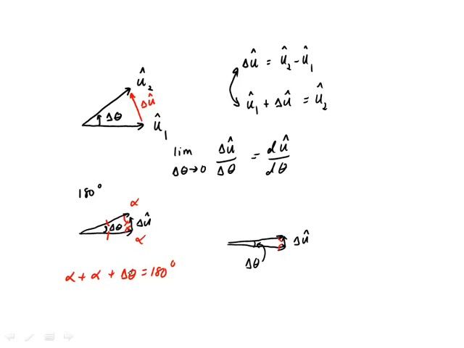Delta theta is getting smaller. So as delta theta goes to 0, alpha plus alpha equals 180 degrees. 2 alpha equals 180 degrees. Therefore, alpha must be approaching 90 degrees. Let me not say equals. Let me say approaches. Alpha is approaching 90 degrees. So delta u is approaching something that's perpendicular to u.